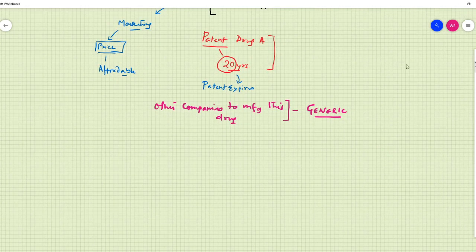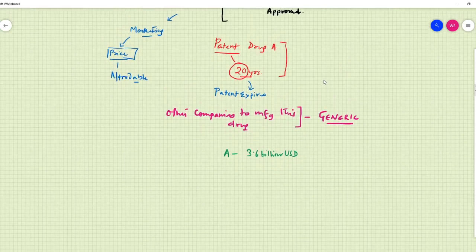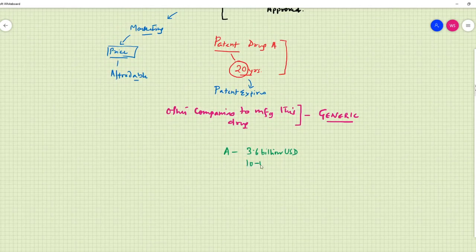Okay. So now we have told that there is this company A which has spent 3.6 billion USD, and how many years did it take? About 10 to 15 years. Okay. And maybe there is a company B that wants to make a generic version of this drug. Okay, but the problem is, this company does not have 3.6 billion US dollars.